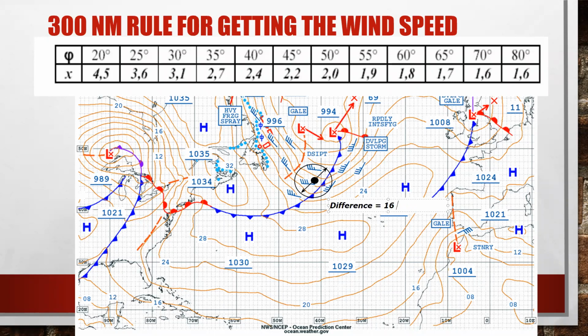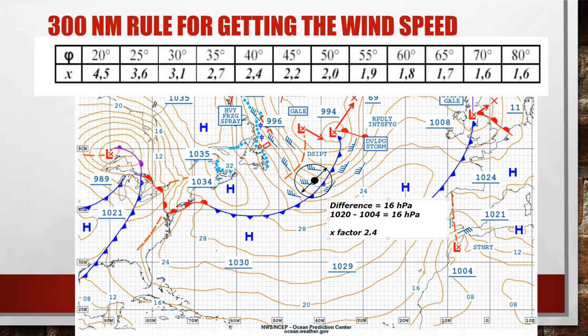16 hectopascal, because we have here 1020 minus 1004. That is here and here. So that equals 16 hectopascal. The X factor for my latitude, which here is 40 degrees, is 2.4.